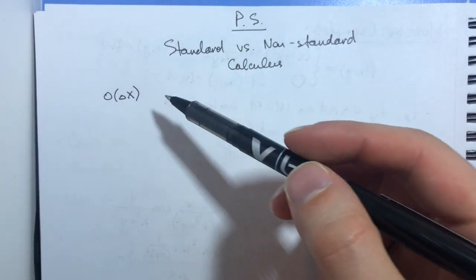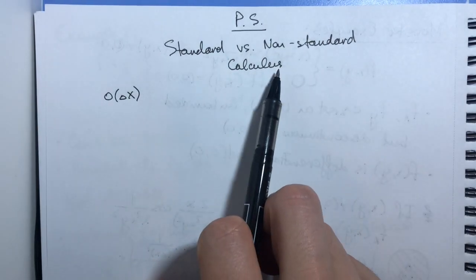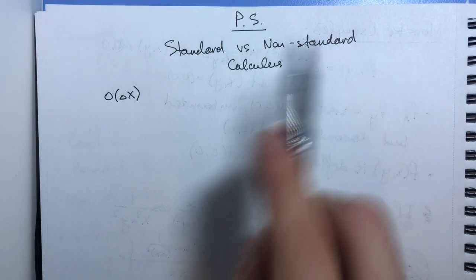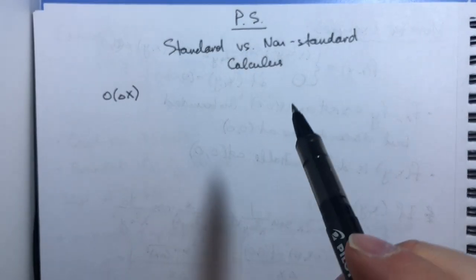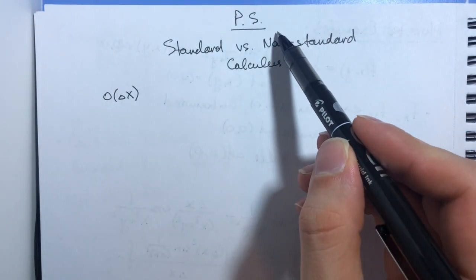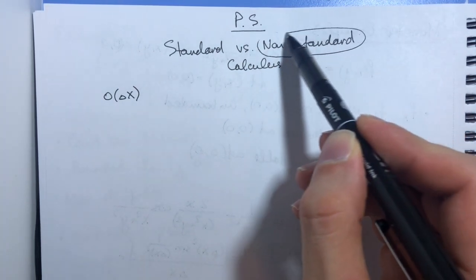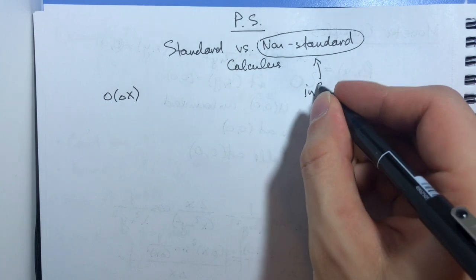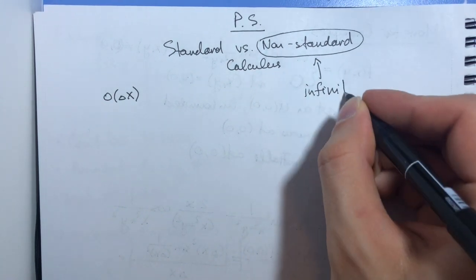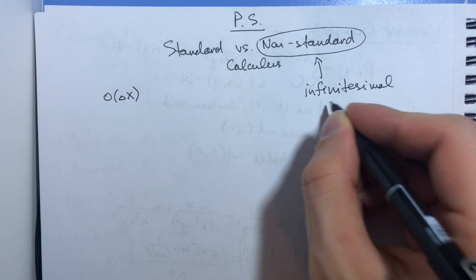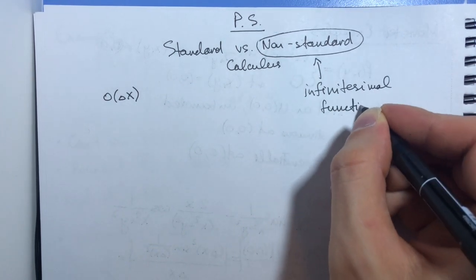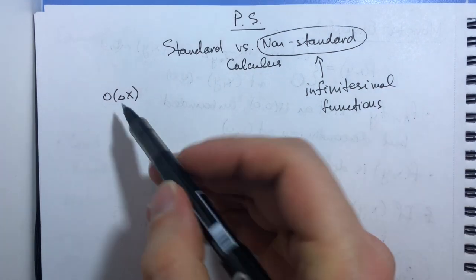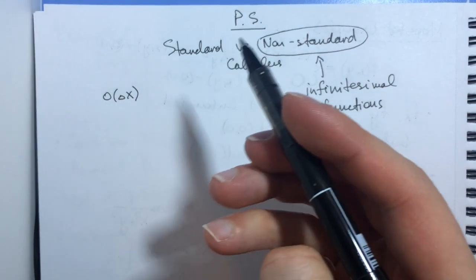This is the case because with calculus, there is what's called a standard and non-standard approach. What I did is primarily known as non-standard calculus, which is all about infinitesimal functions. Functions that decay to 0 at a certain limit, like these functions do.